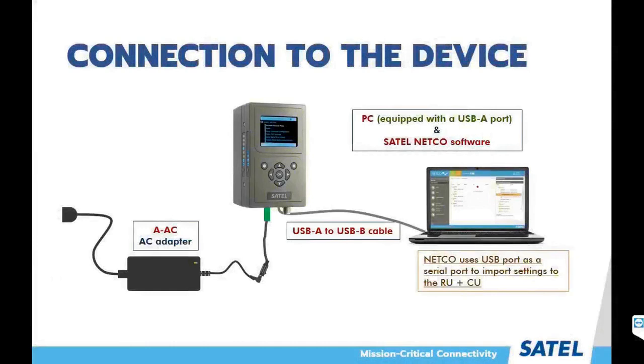To synchronize the parameters from the software to the device, we need to connect the PC to the powered radio device with USB-A to USB-B cable, USB-B port connected to the device USB-B. The device is fully powered and ready for synchronization when the power LEDs and stat LEDs are both lit statically.